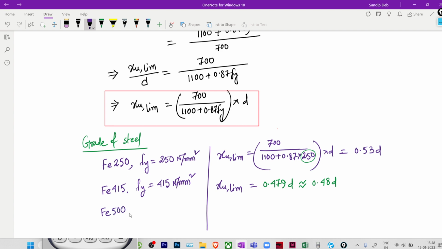Now similarly, if we do it for the Fe500 grade, these grades are mostly used, so that's why I'm writing like this. Fy will be 500 Newton per mm square.